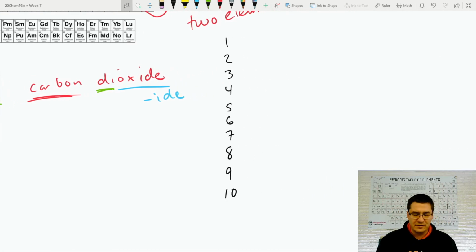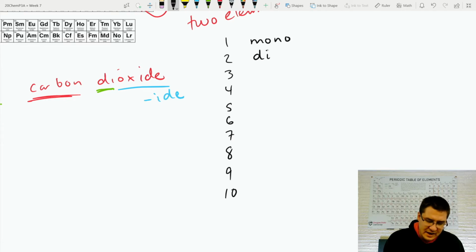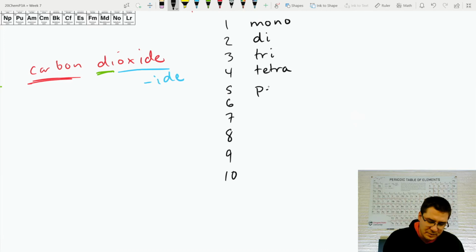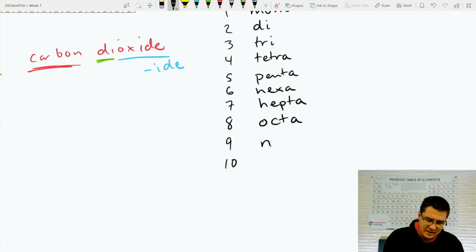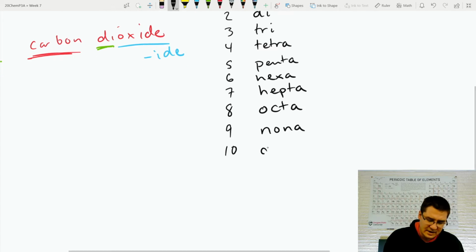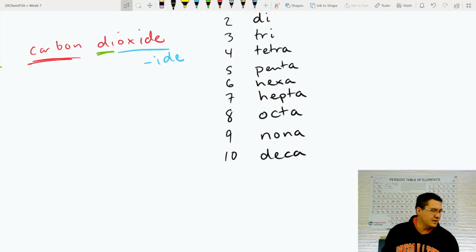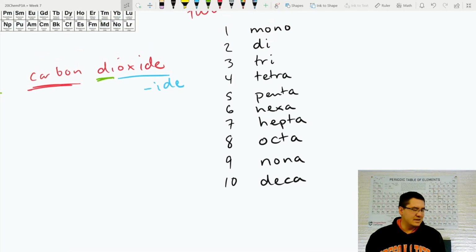So the prefixes we're going to be using are mono for 1, di for 2, tri for 3, tetra for 4, 5 is penta, 6 is hexa, 7 is hepta, 8 is octa, 9 is nona, and 10 is deca. Okay, so there's the 10 prefixes.